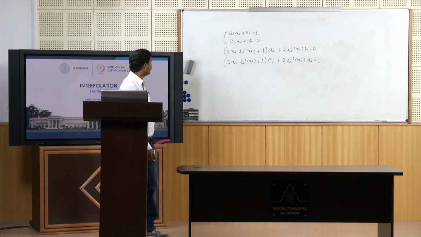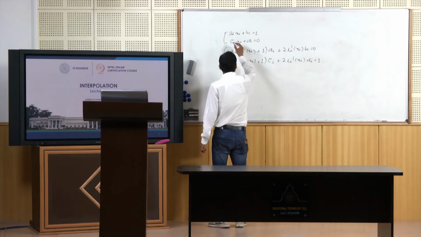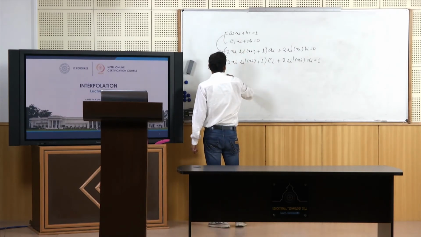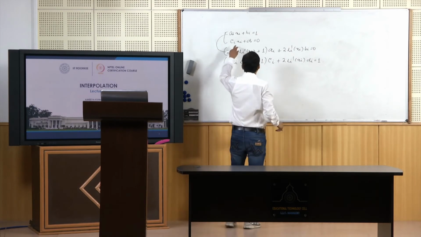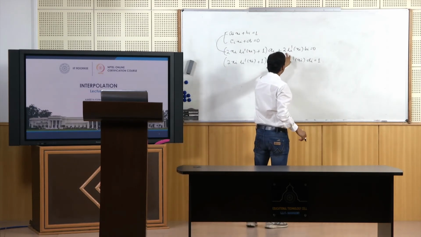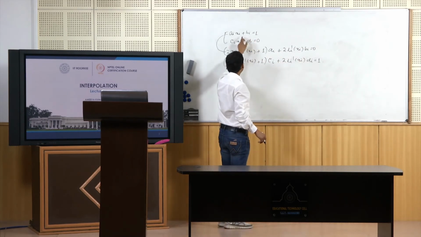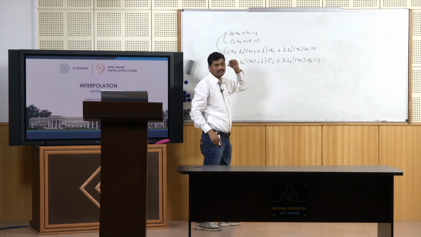First, let us try to eliminate ai and bi from these two equations. Since 2 li dash of xi is there, if we multiply by 2 li dash of xi in this equation and subtract, we can obtain the coefficient for ai first.